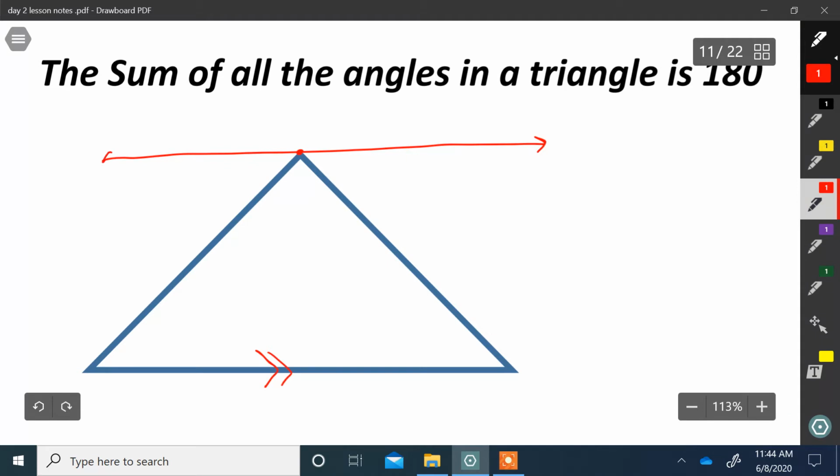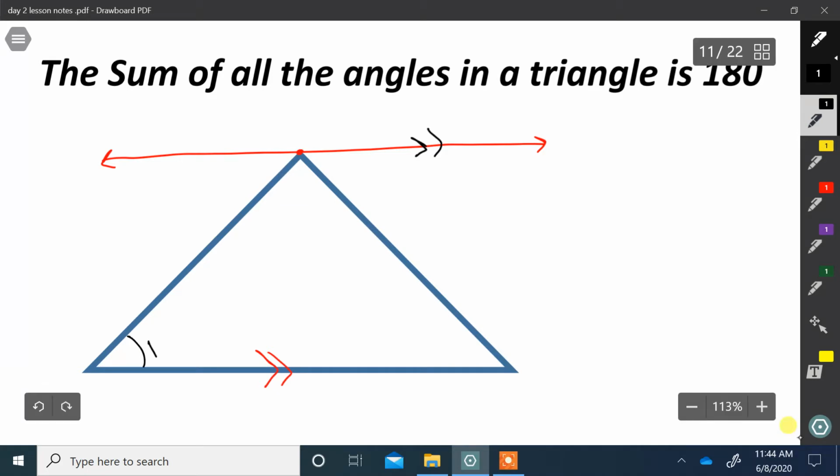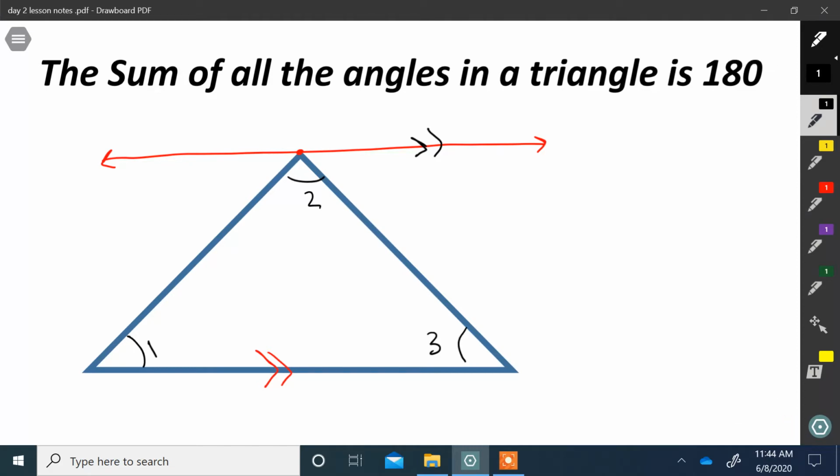And I don't want to make this more confusing, but I do want to make sure that you guys understand this. So this is vertical to that line right there. So this means if this is angle 1, this is angle 2, and this is angle 3. Because of the properties that we just learned, this angle right here is congruent to this angle right here.